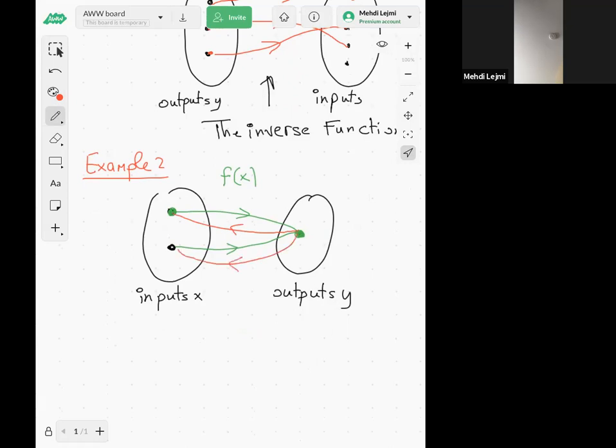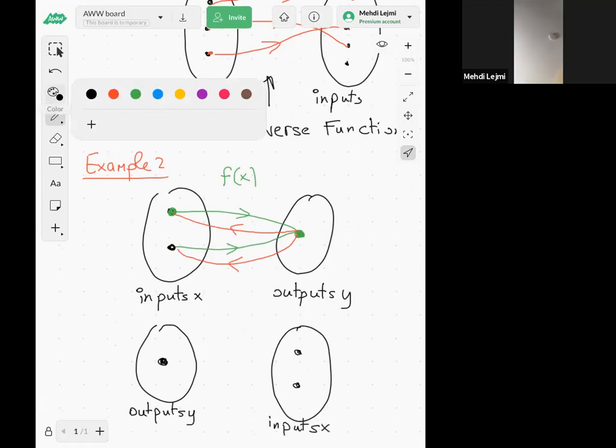So now if you start with the outputs Y, I have 1 point, and the inputs X, I have 2 points. This is my inputs X. And now if you draw the arrows, here I have 2 red arrows from this point to this one here.